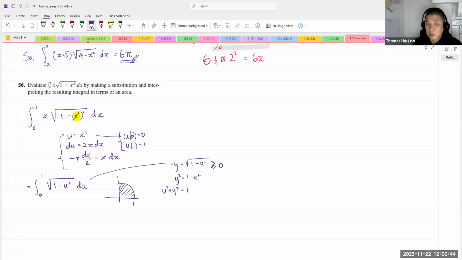That's the equation of a circle, right? But the domain of integration is from u equals 0 to u equals 1. So we interpret that as area again. This is a quarter of the area of a circle with radius 1.